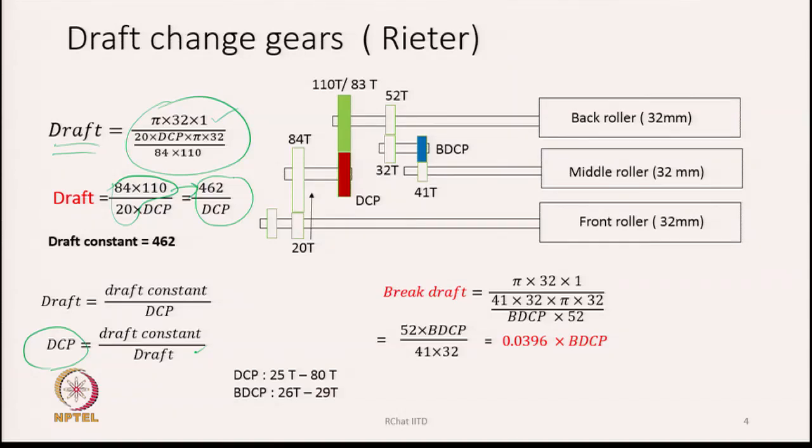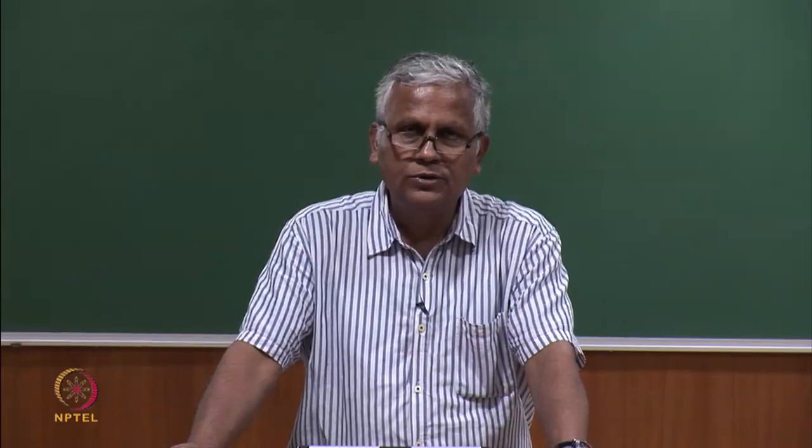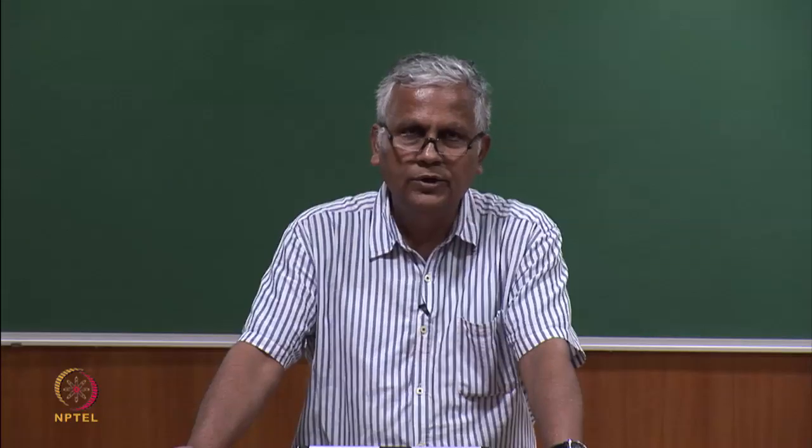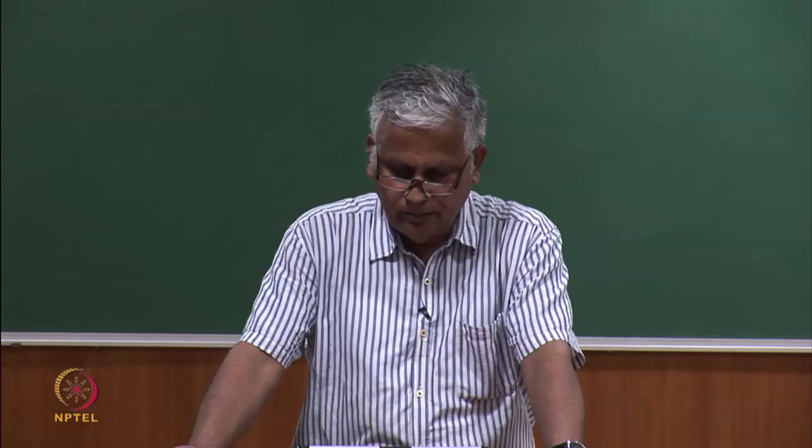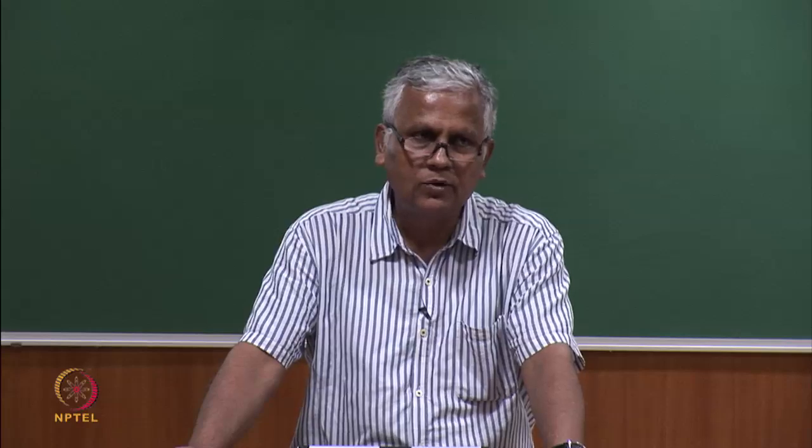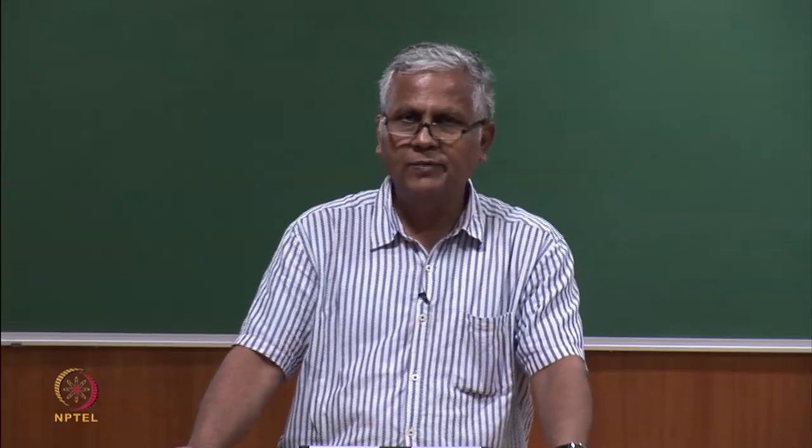The red color gear known as DCP, if we want to make it bigger or smaller, it is going to change the speed of which rollers? Both back and middle roller by the same proportion. What does it mean?